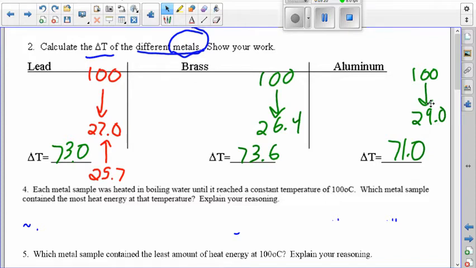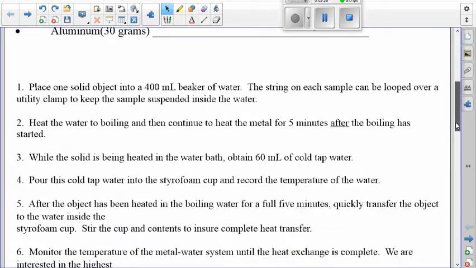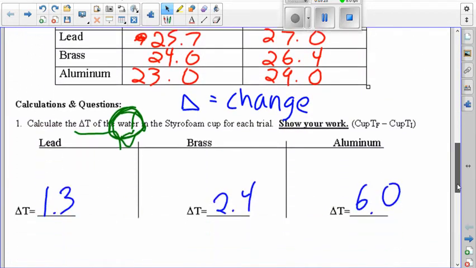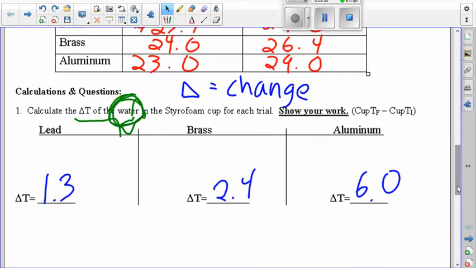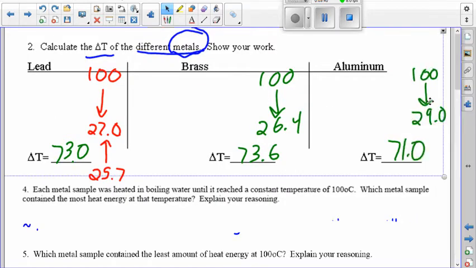Oh, interesting. Okay. Well, here's what I like about what you just said. If we look back at these three, lead made the water go up 1.3 degrees. Brass was medium. Aluminum made the water go up a whole 6 degrees. Okay? So aluminum does, in fact, have the most contained heat energy.